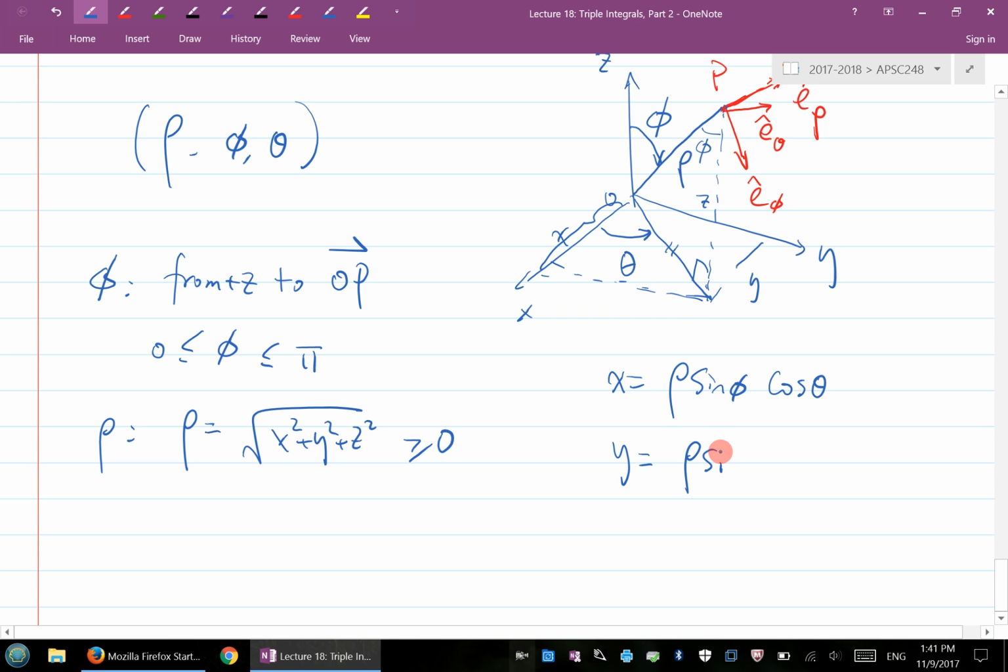Similarly, your y will be rho times sine phi, get this part, and then times sine theta. And finally, your z is this portion here, and that's rho times cosine phi. So that's the connection between the Cartesian coordinates and the spherical coordinates.